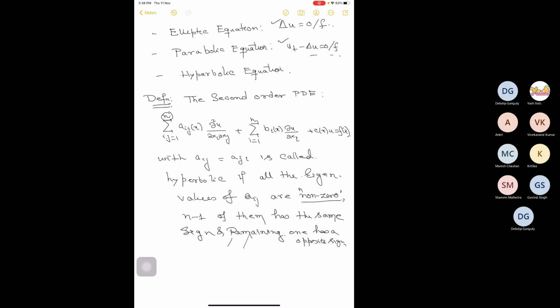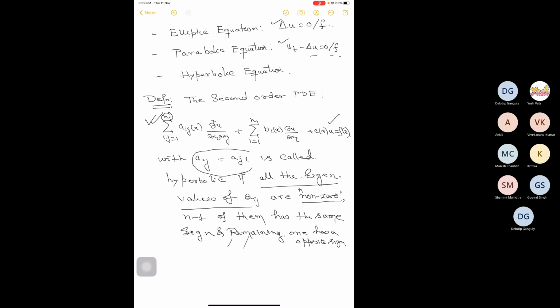You understand? So this is a standard. In elliptic also we write down this equation, and we call this equation hyperbolic if all the eigenvalues of the matrix a_ij are non-zero. That's clear. And it's symmetric, right? So the eigenvalues are real, and n minus 1 of them have the same sign, and the remaining one has the opposite sign.